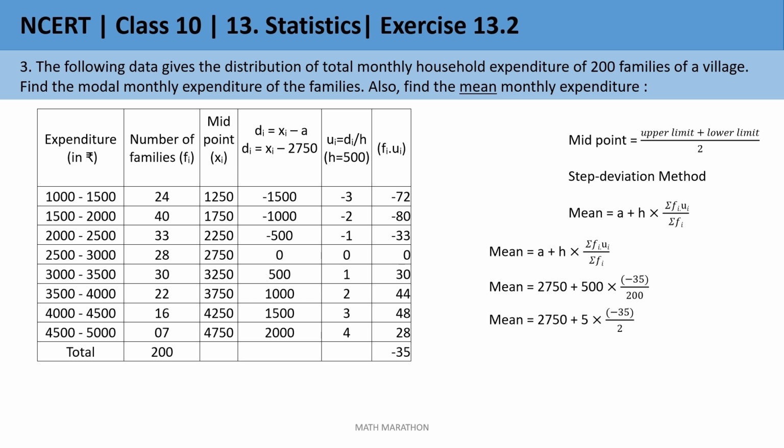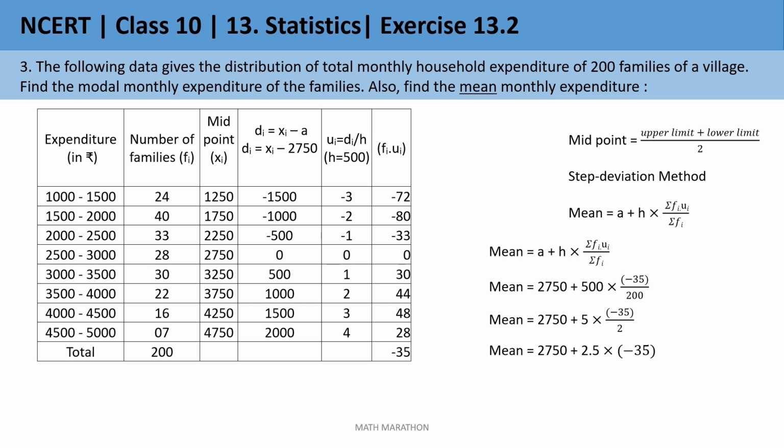In numerator, 500 is divisible by 100. In denominator, 200 is divisible by 100. Let us cancel out 100. 5 divided by 2 is 2.5. Remaining equation I have written as it is.